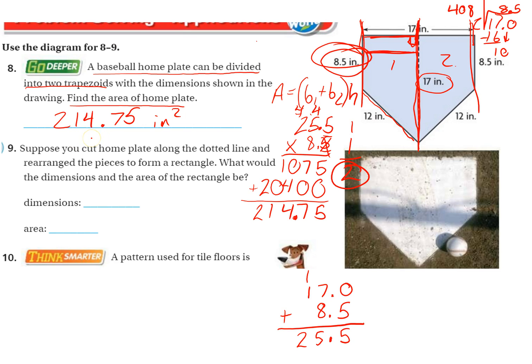So I just want to double check myself. Did I make a mistake somewhere? So half of 17 should be 8.5. That looks fine. 5 times 5 is 25. Carried my 2. 25 plus 2 is 27. Carried my 2.